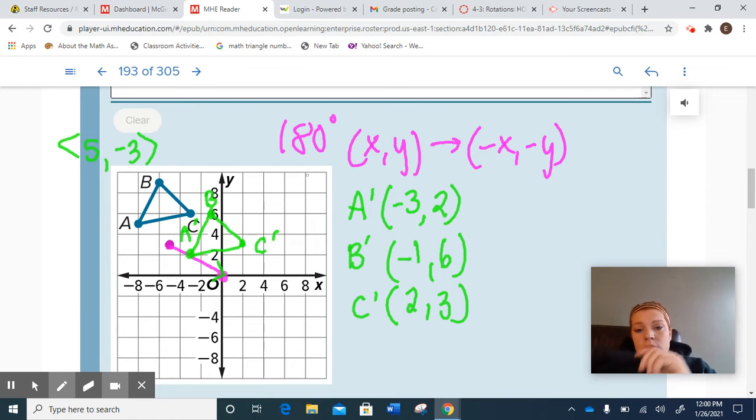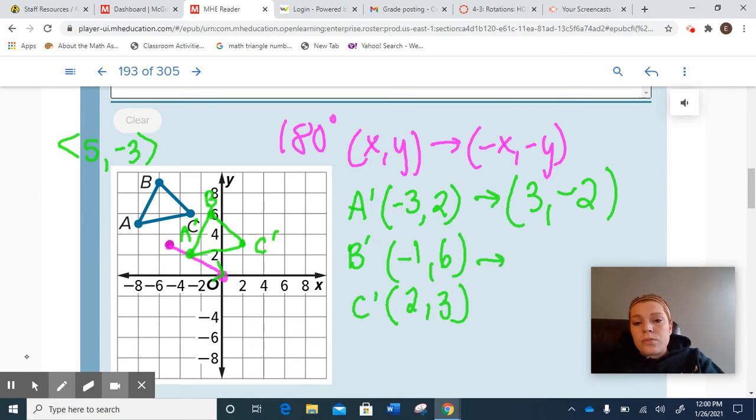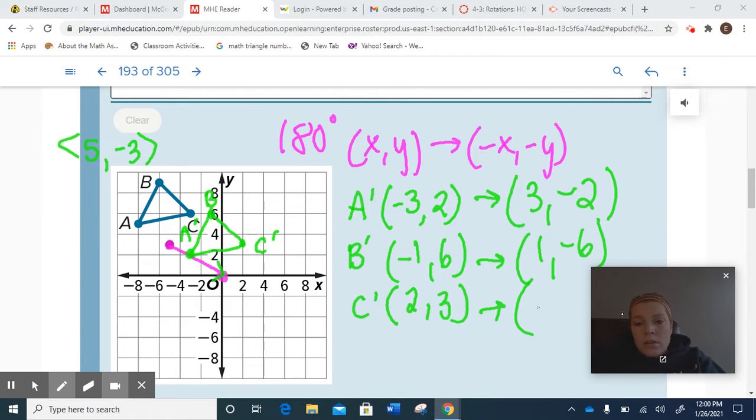Looks like all I got to do is switch signs. So my new points are going to be 3, -2, 1, -6, -2, -3.